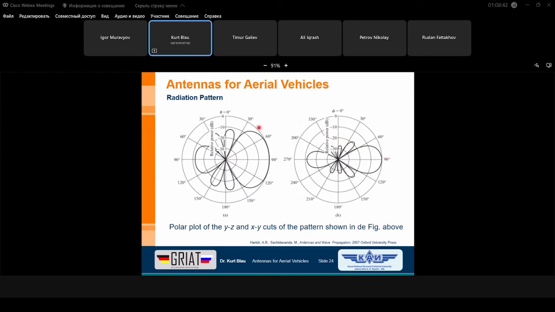Again, you can see that in every case the maximum is 0 dB, which means we always show the directivity, not the gain.